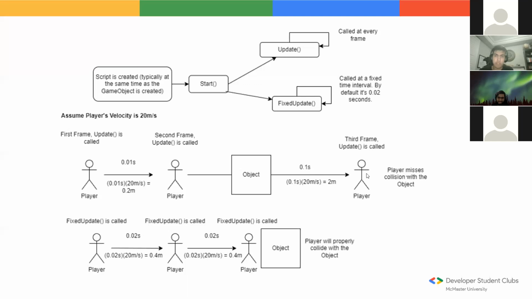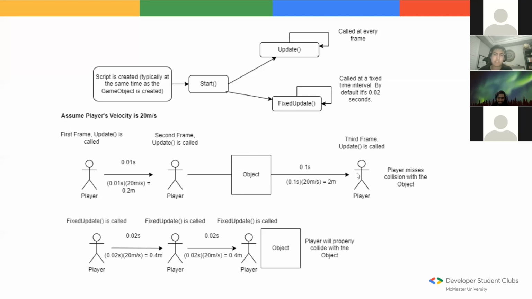He moves 2 meters instead of the 0.2 meters over here, because now the time between the frames is 0.1 seconds instead of the 0.01 seconds. So because of this, because the player moves from here to here, like just instantly 2 meters, he can actually miss collisions that are in front of him. So this object over here, he just misses because he just teleports from here to here because he just moves the 2 meters, right?